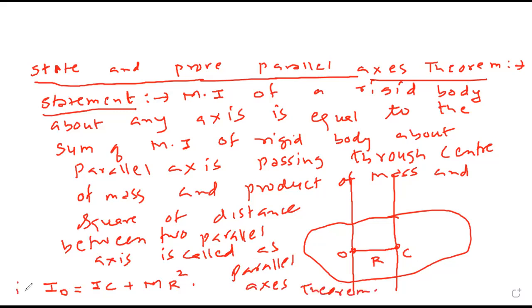That is IO equal to IC plus MR square. Just read and see whether you have followed or not. If not, then again I will explain.